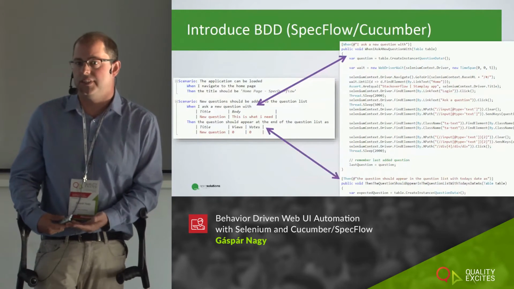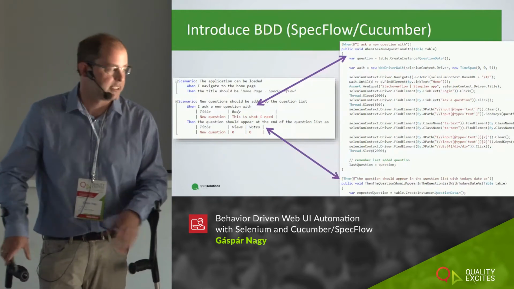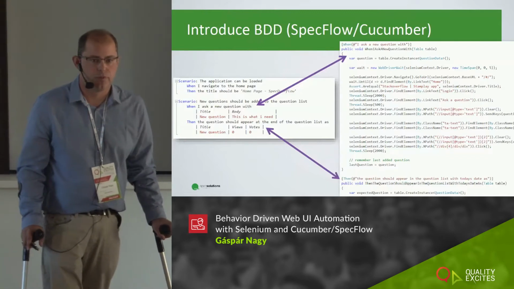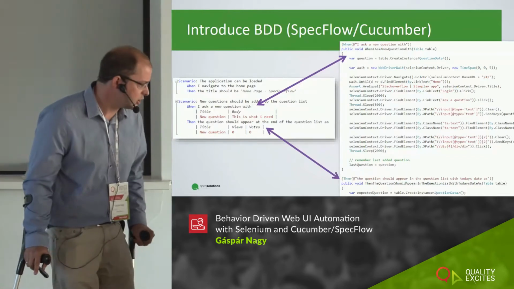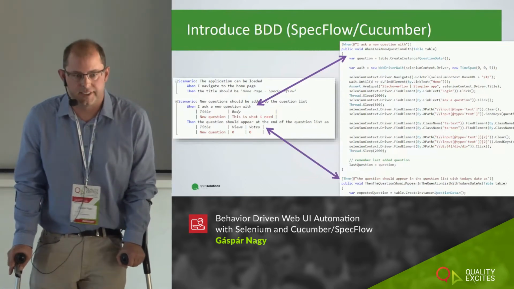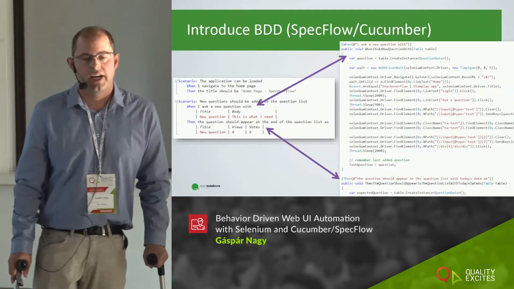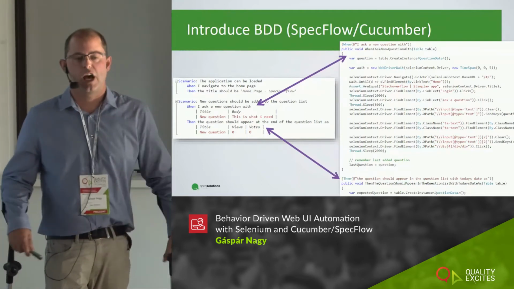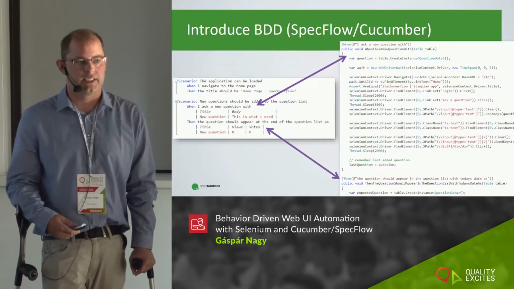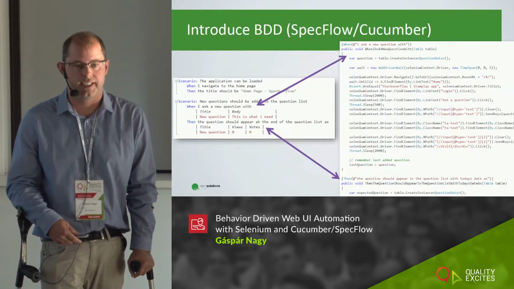So what did we expect from the website or from the application? Here you can probably see that the question should appear last in the list. And this has a when step: when I ask a question, then something happens. So basically, this is describing what I wanted to do with this test and what I wanted to check with this test.